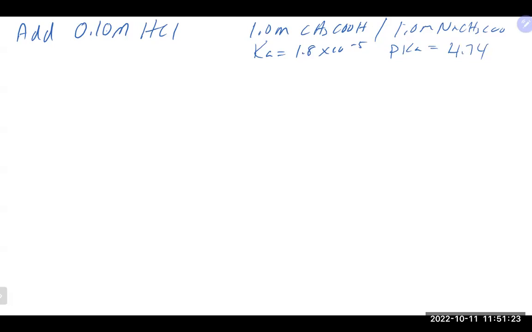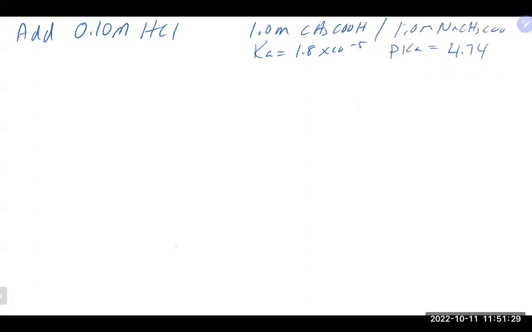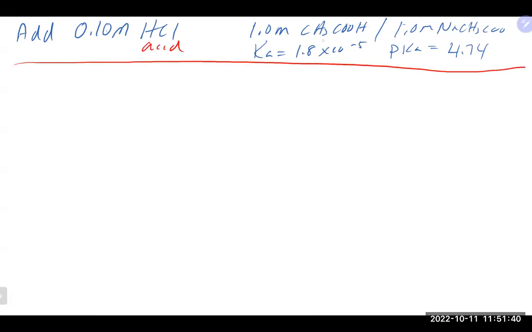All right, so the first thing that's going to happen here is we're going to get a reaction. When I add the HCl to my buffer, it is going to react with what thing? The acetic acid or sodium acetate? It is going to react with sodium acetate. That is an acid, and your buffer basically has an acid part and a base part, right? So the acid will react with the base part.